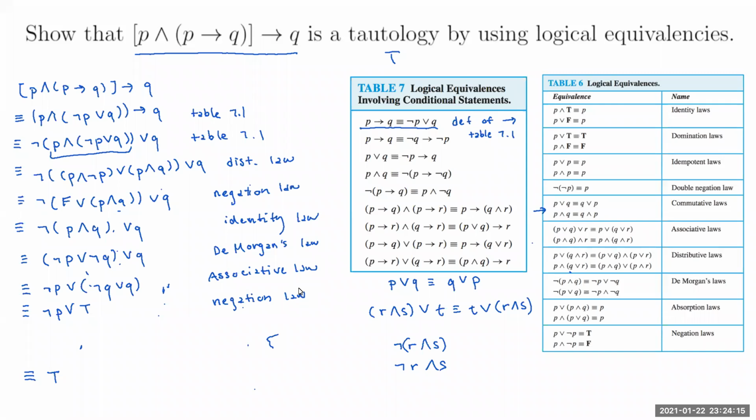If we look over here, this matches up with this law right here: not P or true is equivalent to true. We can think of this not P as that P there, and the true dominates the entire thing. So we would get true back. So in the end, we arrive at this true by the domination law.